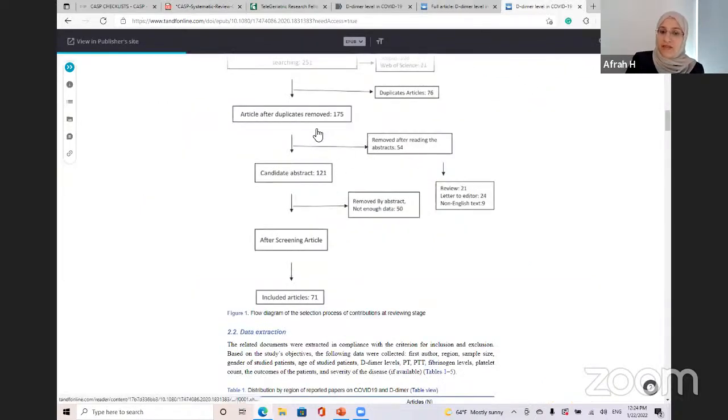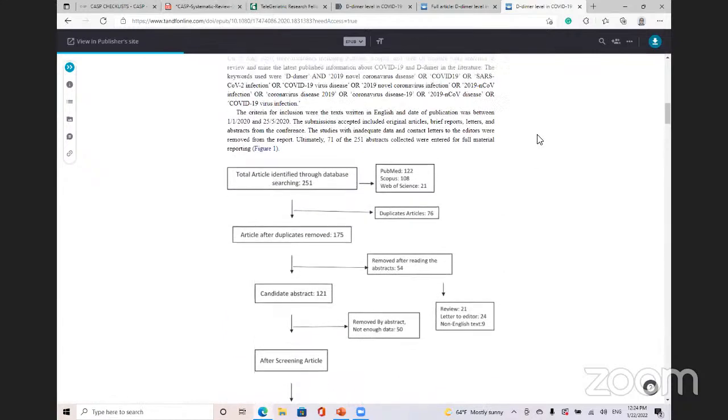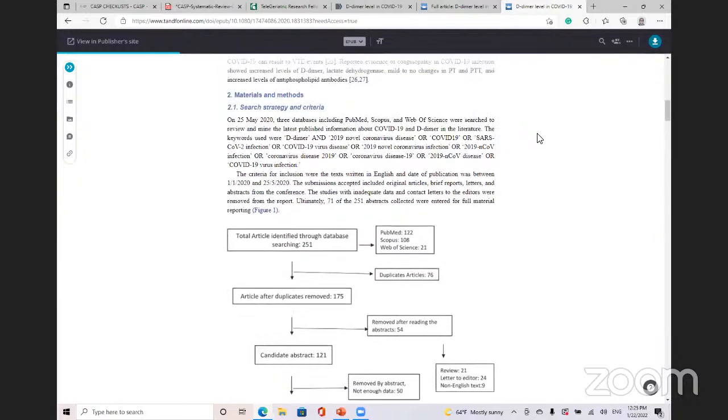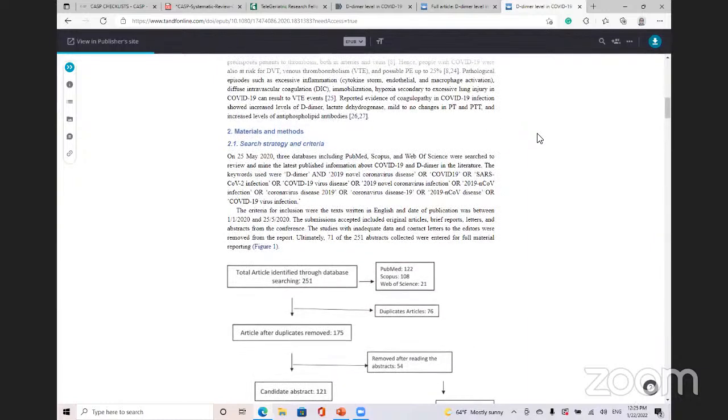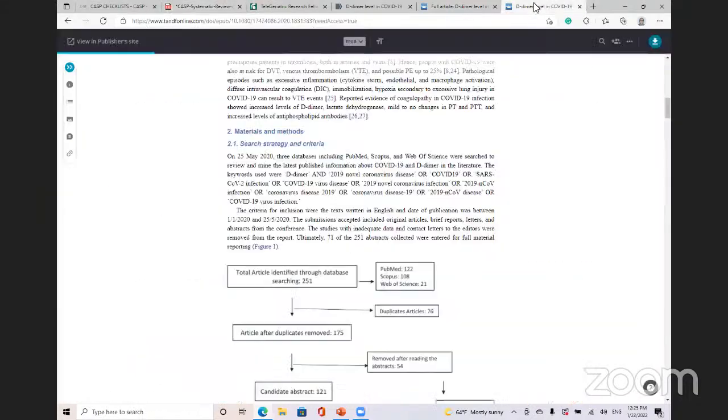They excluded the articles that contain duplicated data or not enough data. Okay. All right. Thank you. Yeah, I agree with you. They took all the previous papers and excluded any data that did not fit. Okay, that's a point that I missed. Thank you. By the way, I sent the paper in the chat box.